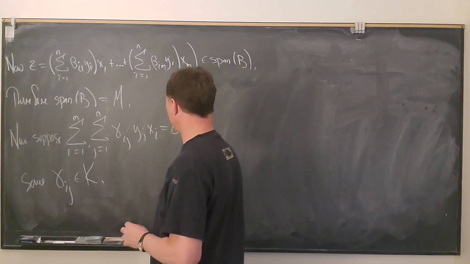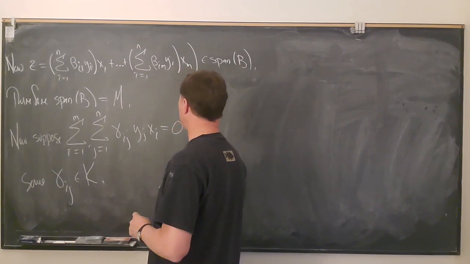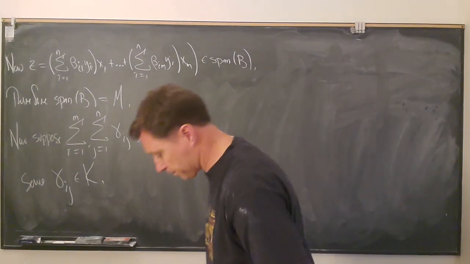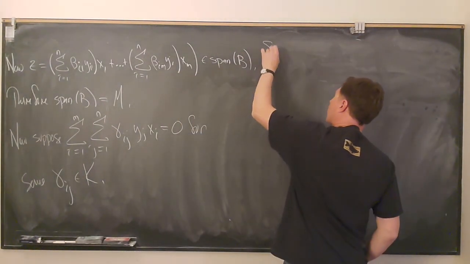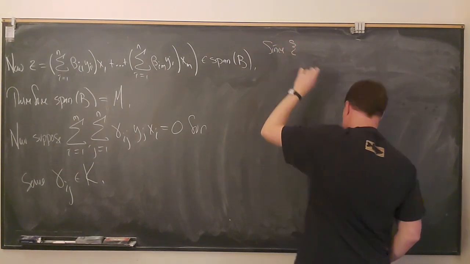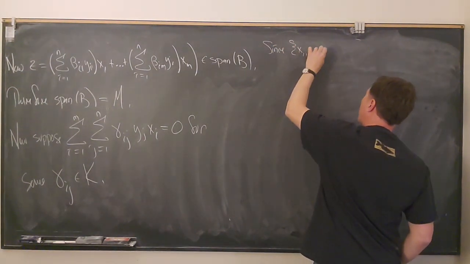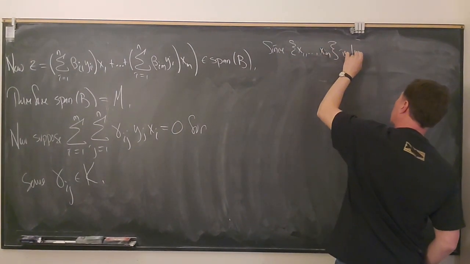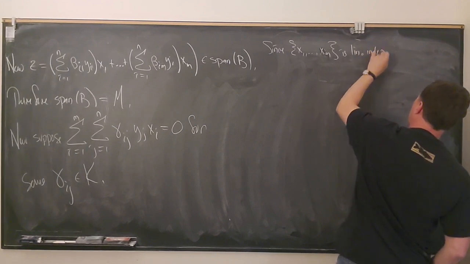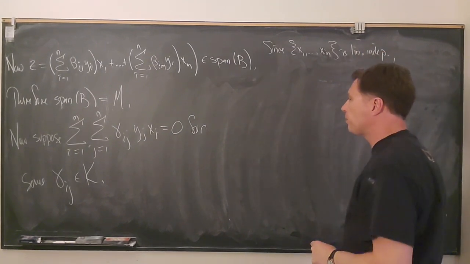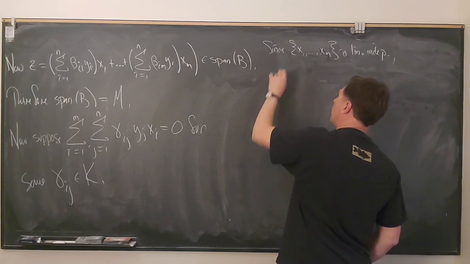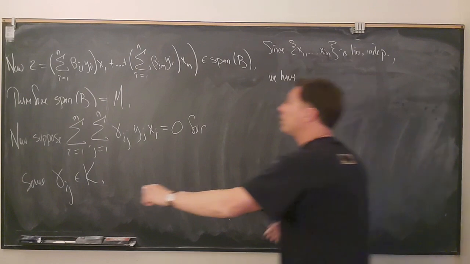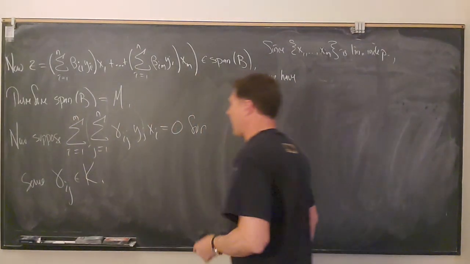So, what? Well, we know that the collection of x_i's is a basis, so it's linearly independent. Since the set x_1 up through x_m is linearly independent, we have that the inner sum right there has to be 0.